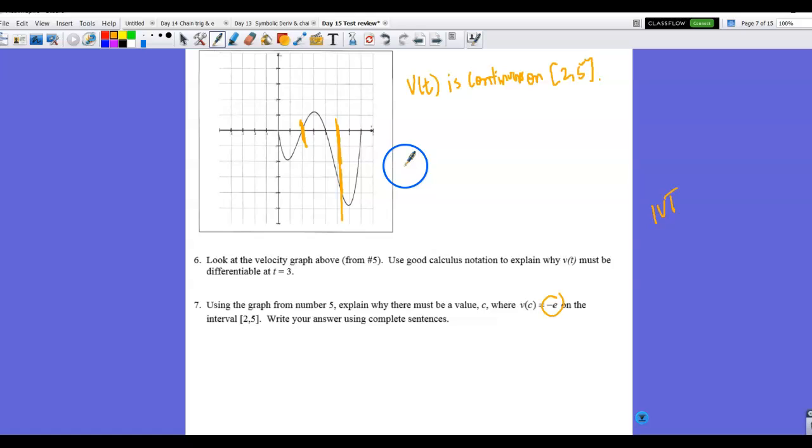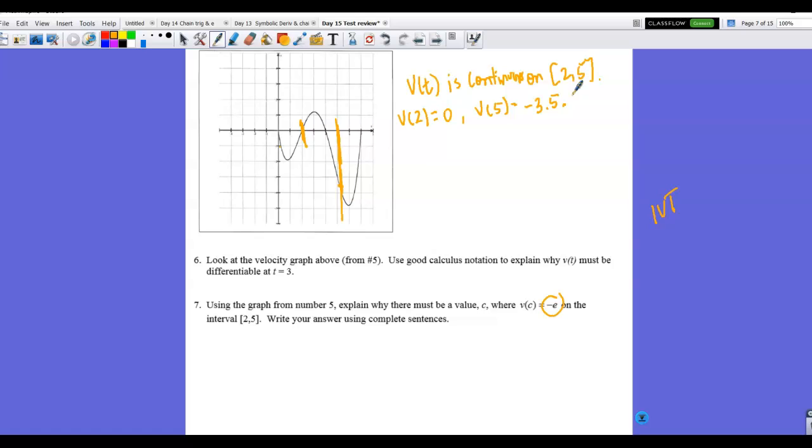Now remember, I need the y values of the endpoints, so I'm going to declare v of 2 is 0 and v of 5 is about, so we're going to do another approximation, right here, negative 1, 2, 3, I'll call it negative 3.5, period.